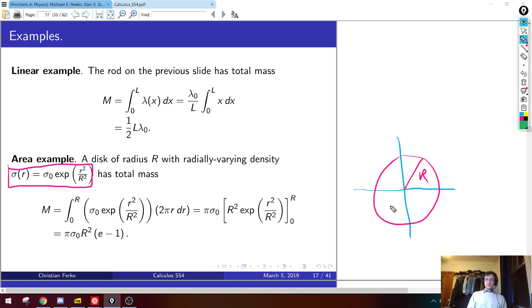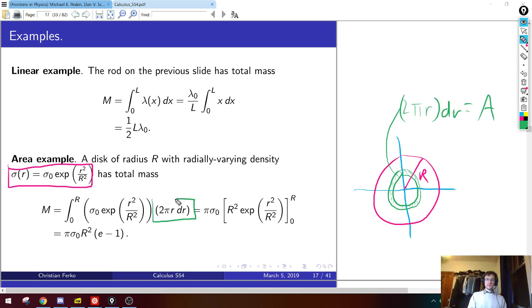Well, as usual, when you want to do some integral over this disk, you should chop it up into circles. Each of these circles, you can think of as a very thin ring. The area of this very thin ring, if the difference between the radii is dr, is 2 pi r, the circumference of the circle, times dr. So basically you chop this disk into thin rings, and 2 pi r dr is the area of this thin ring.